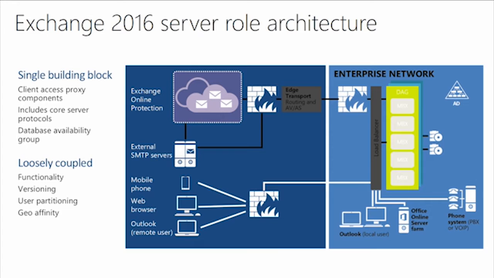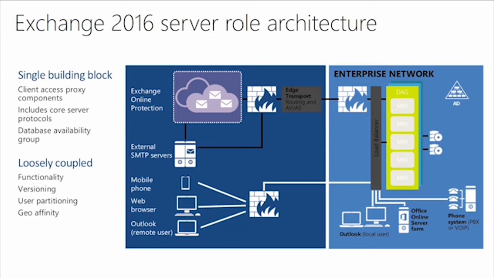You load balance all of those. Sometimes you still need your edge transport server in your perimeter network. Many organizations have edge transport servers, and that server is designed to be in the perimeter network, so it needs to be separate. Physically, it cannot be the same mailbox server. So that's why that role is still separate, but the mailbox server has got everything.